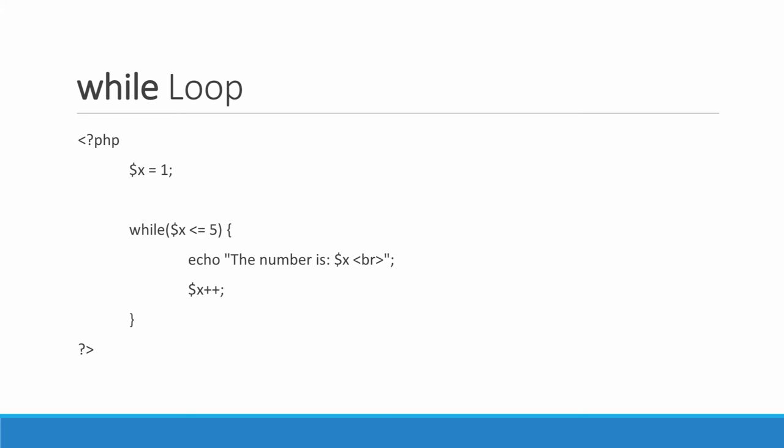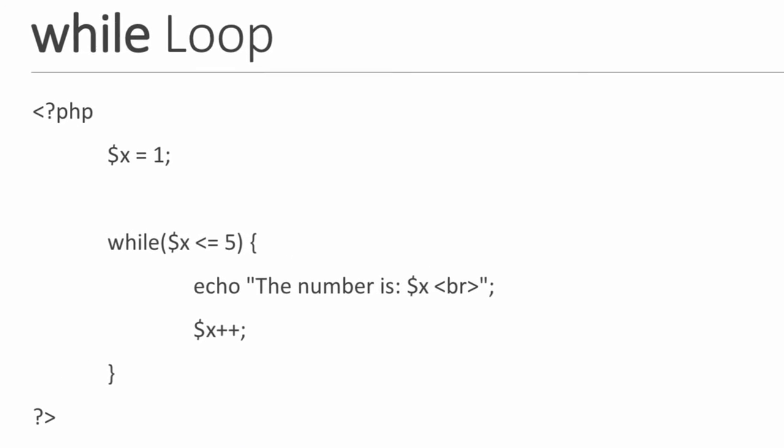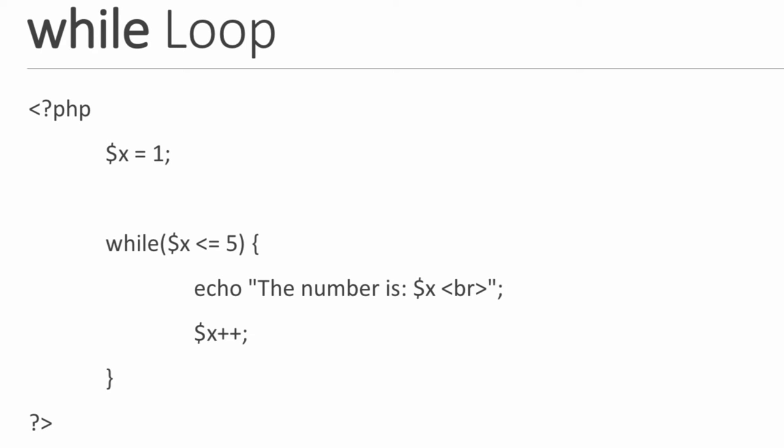So let's take a look at how we do loops. Some of this should look a little bit familiar from when we just looked at the if statements in our conditionals. In this case, we have the word while instead of if, but we're still testing a condition. So if you remember, a loop will go through as long as the condition is met.